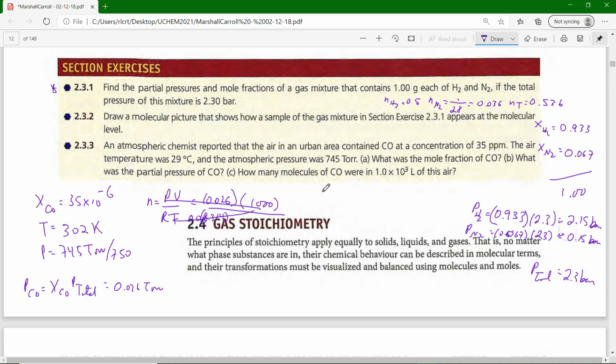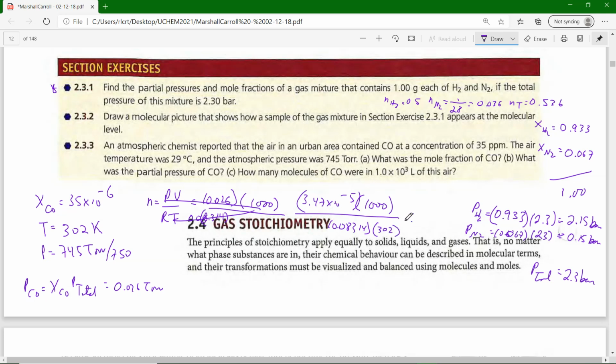So the partial pressure is 0.026 torr. Let's convert that into bar. So 0.026 divided by 750.1. 3.47 by 10 to the minus 5. 3.47 by 10 to the minus 5 times 1,000 over 0.08314 times, what's my temperature? 302.